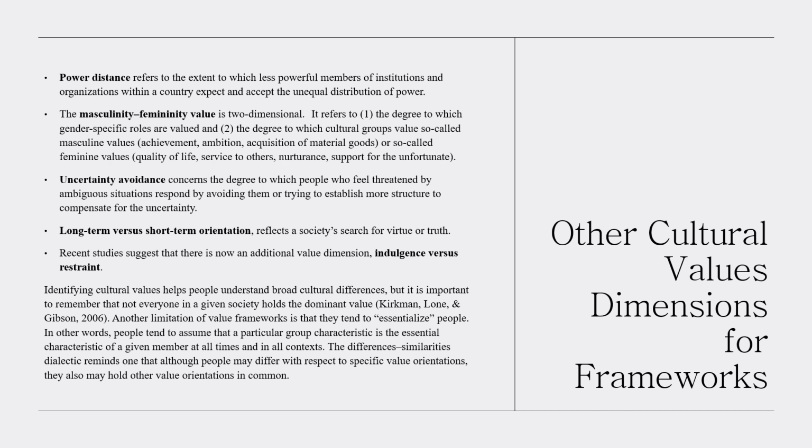So one person cannot adequately speak for all the people in one culture, and general broad ideas about that culture, which may be true statistically at a larger scale, may not be true of every individual member of that culture. So we just have to remember that. The differences-similarities dialectic reminds us that although people may differ with respect to specific value orientations, they also may hold other value orientations in common.